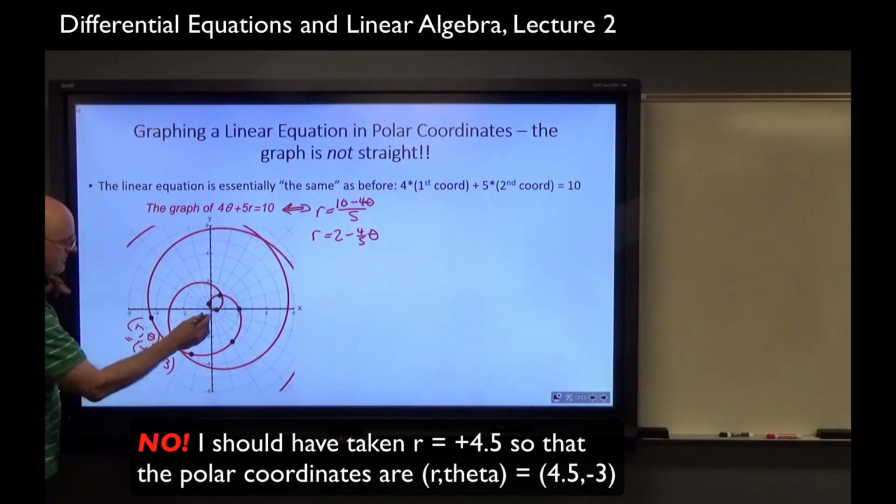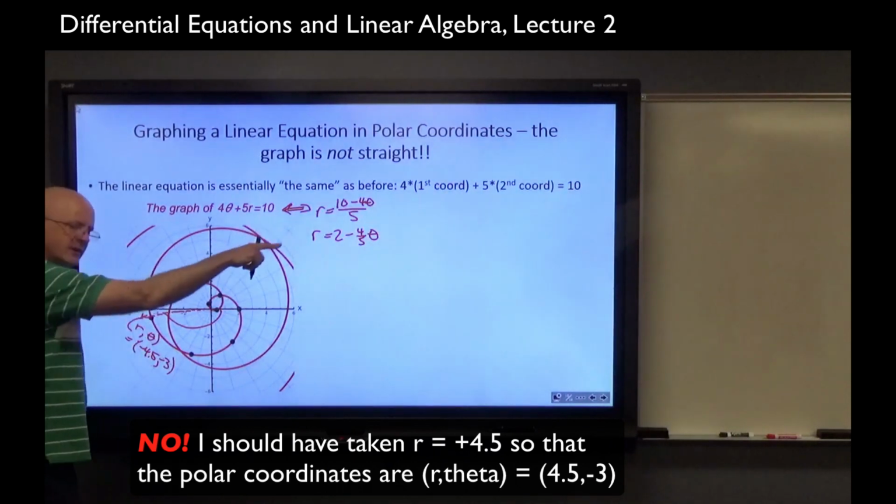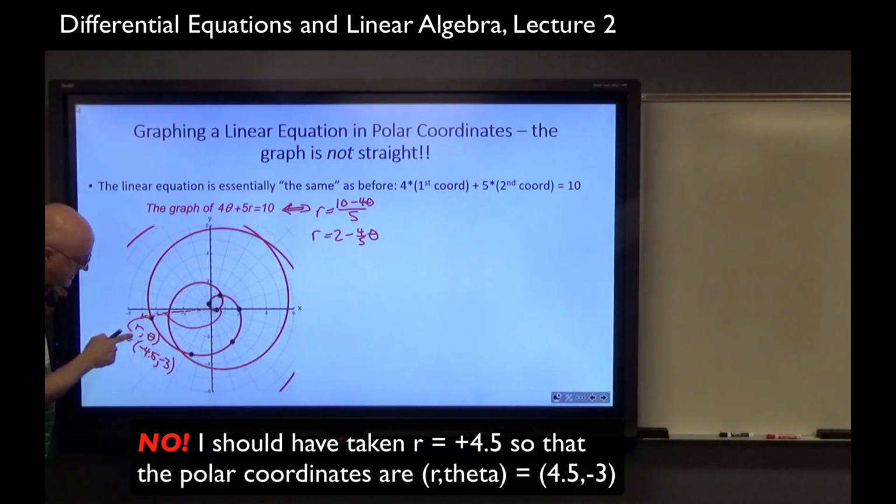That's the angle here of a ray that would go through that point, like that. R, theta would be negative 4.5, negative 3. Now this is a little confusing. We have r as a function of theta, but it is traditional when you write the ordered pair to write r first and theta second. So don't be confused by that. It's not what we usually do with x and y coordinate systems and functions of x. Put the r coordinate first, the theta coordinate second.